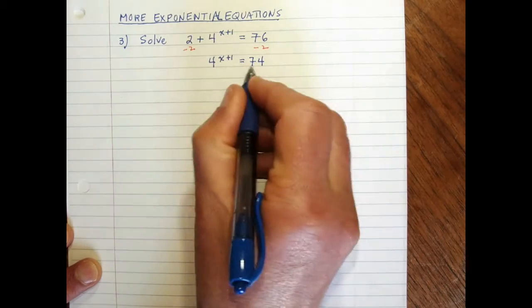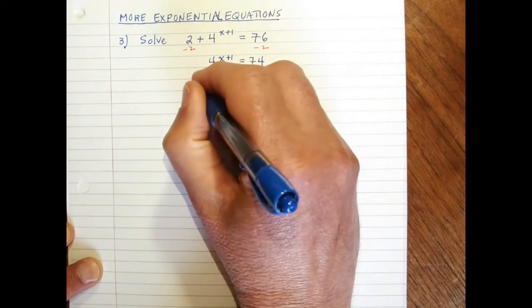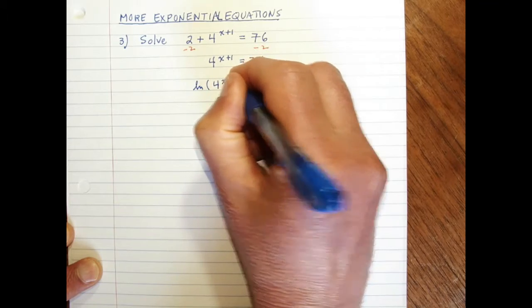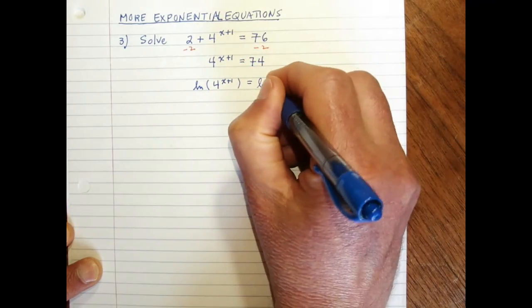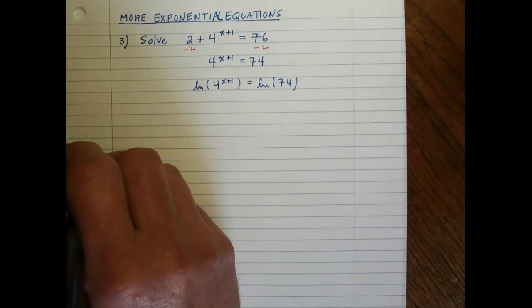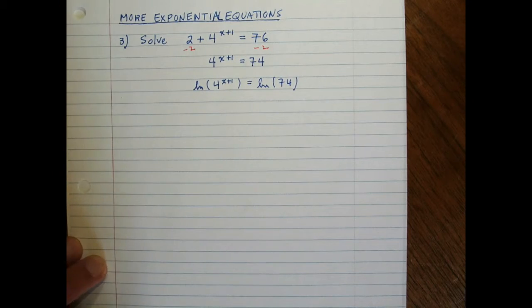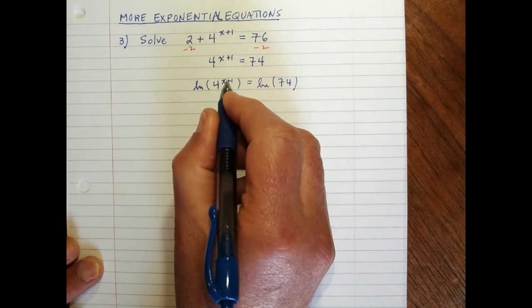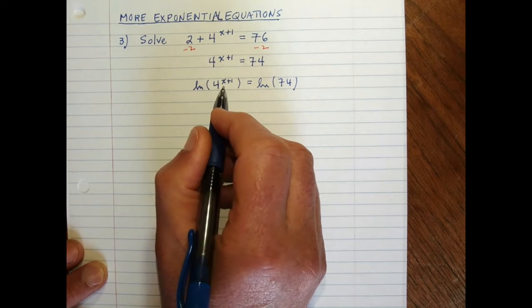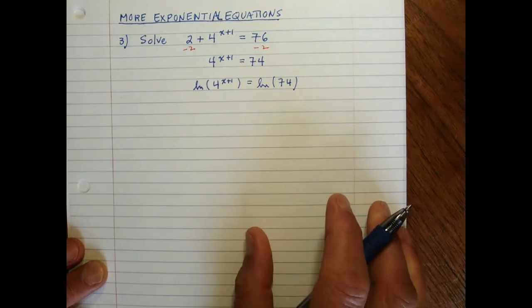Now I'm to the point where I can take ln of both sides, so I'll take ln of 4 to the x plus 1 equals ln of 74. And I now am going to apply the third law of exponents and bring the exponent out in front. Now, this is the first example we've seen where we have a slightly more complicated exponent.